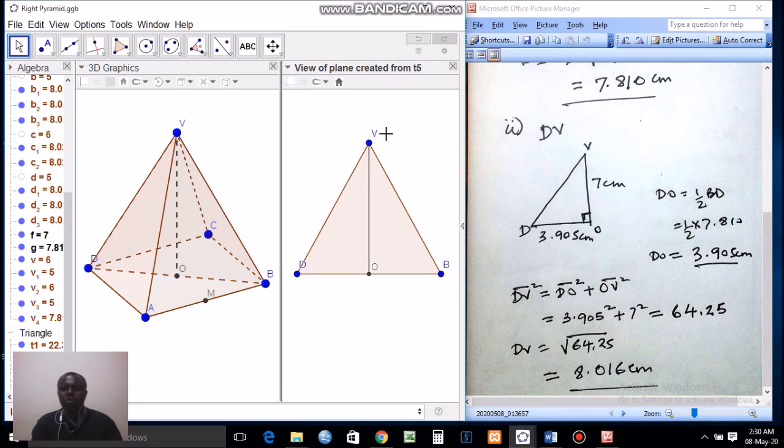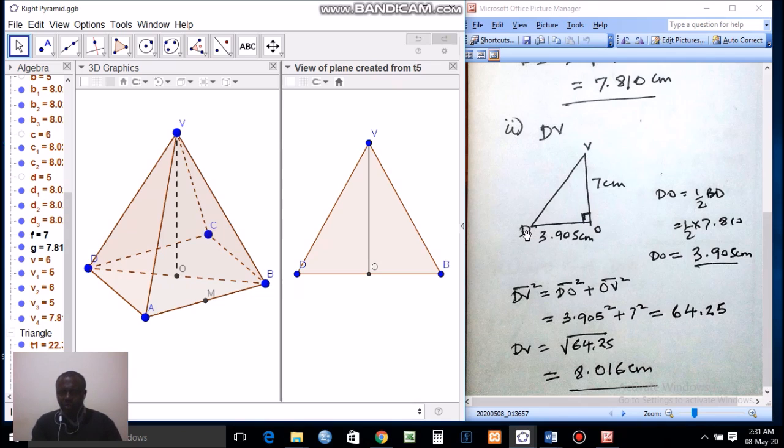VD equals VB, and therefore if VO is vertical, it means O is the midpoint of DB. So we can get the length of DO as a half of 7.810, and so our DO is 3.905, and that sets this triangle ready to be used in the calculation of DV.